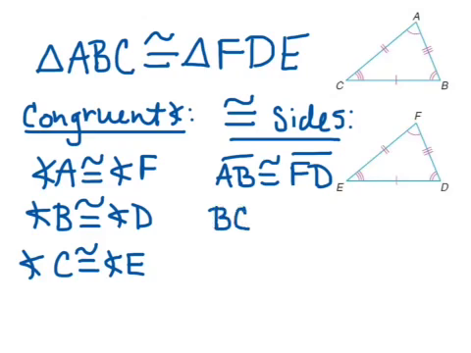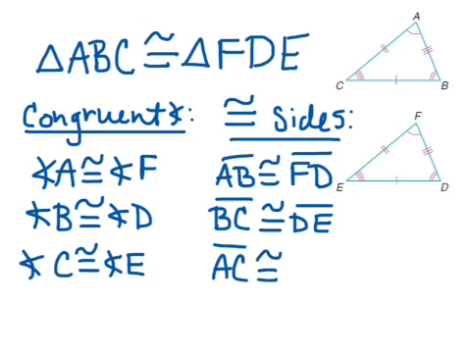Also, segment BC within the first triangle, right here, is congruent to segment DE. And finally, we have segment AC, which is congruent to segment FE.